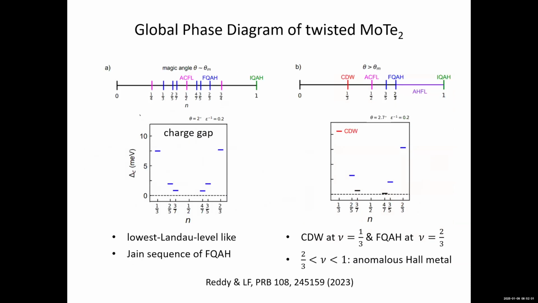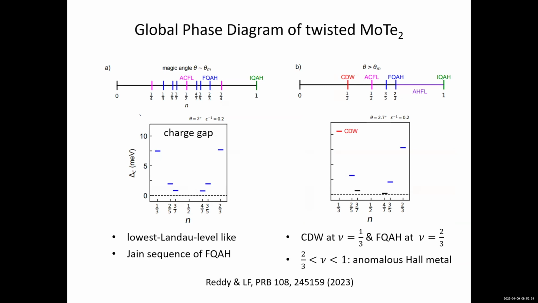And indeed, based on extensive exact diagonalization studies, we established the following phase diagram. The behavior of twisted MoTe2 really depends on twist angle. Near a magic angle of around 2 degrees, we find that the mapping to Landau levels is very, very good. And you see that at various filling fractions, we get all kinds of fractional Hall states, and the behavior is just like the lowest Landau level.